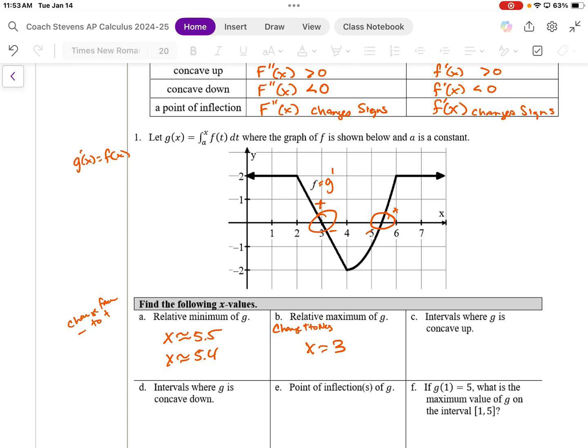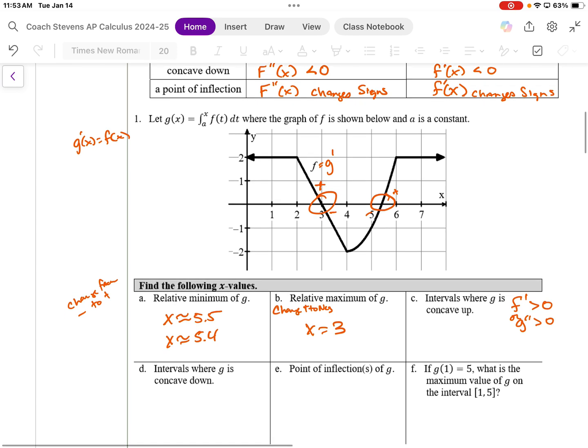Where is g concave up? Well, that would be where f prime is positive, or g double prime is positive. So on what interval is f prime positive and g double prime positive? Who wants to take a stab at that one?